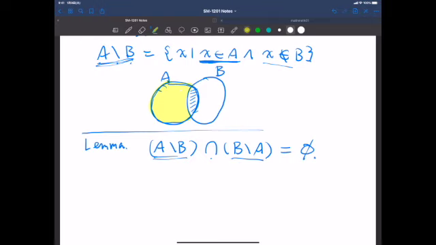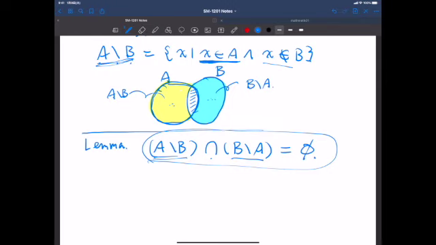Intuitively speaking, this part is A minus B, and this part is B minus A. As you can see, these two sets do not have anything in common, right? So that's what this lemma means. But you should try to prove this based on the definitions.